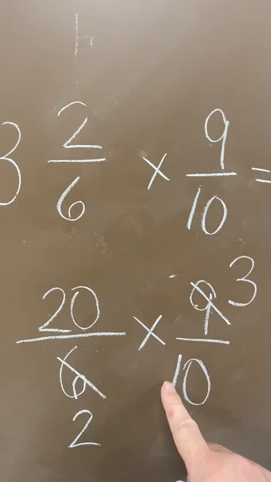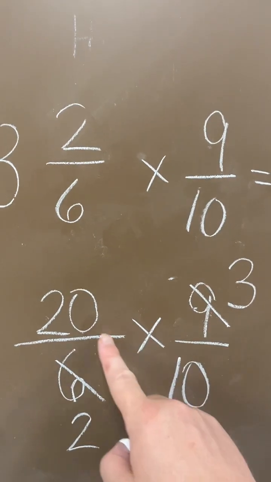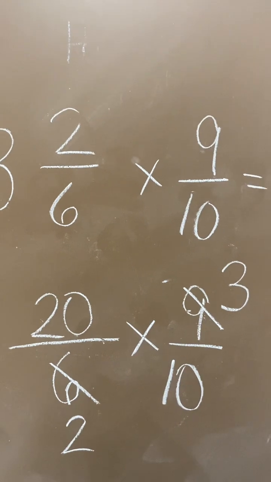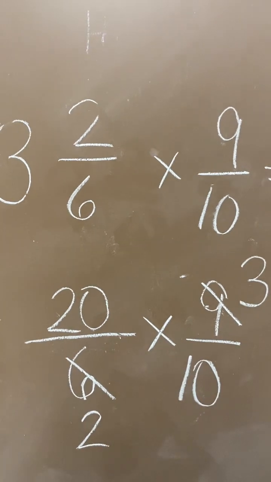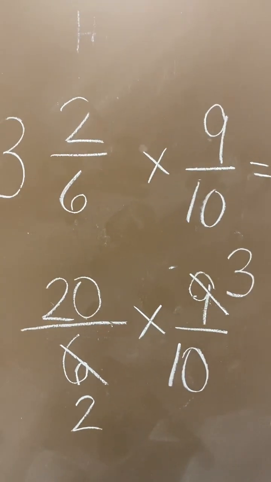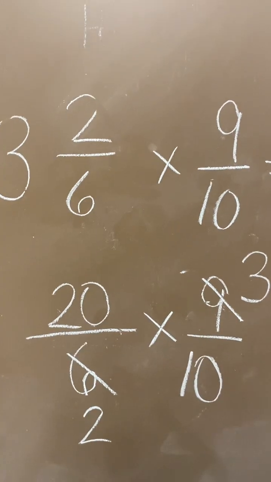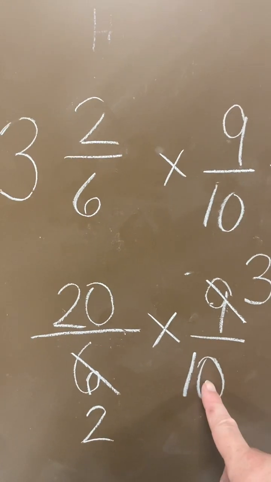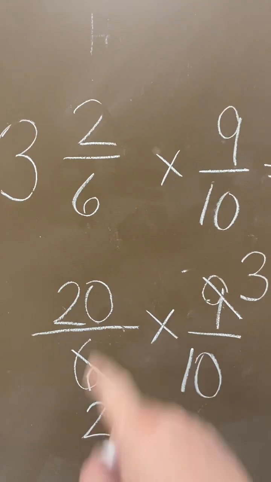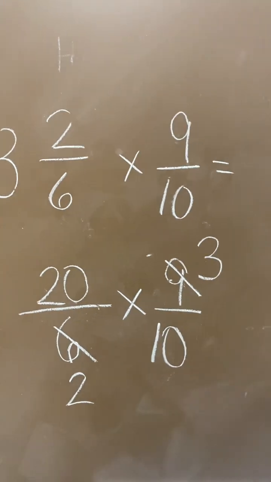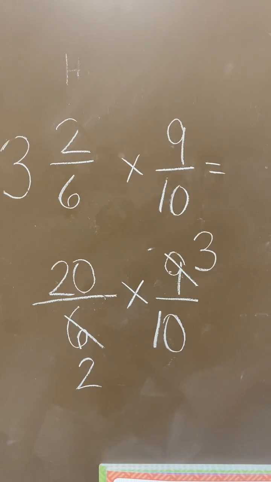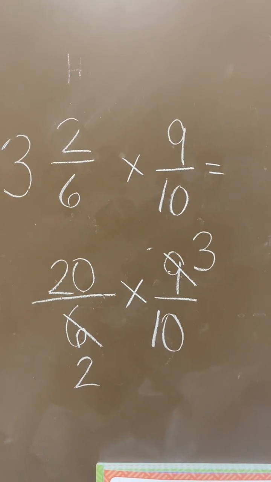Now let's look this way, crossways, and see what number can work with 10 and 20. Always try the 10 first, the smaller one. Will 10 go into 20? Yes, we could divide 10 divided by 10 and 20 divided by 10. But you know what I have told students already? There's this little trick.